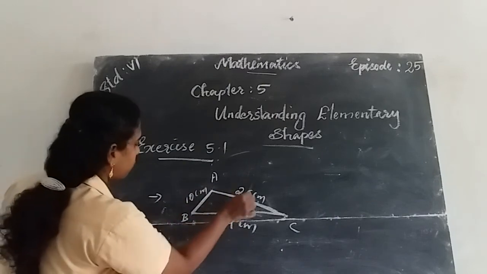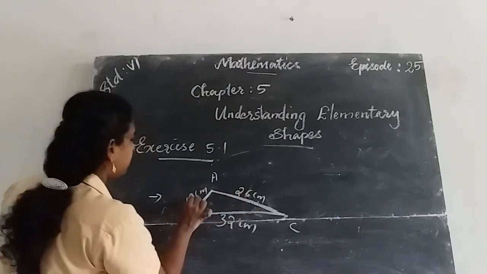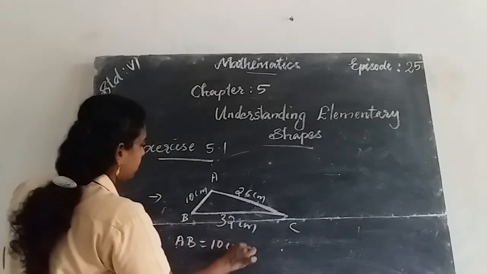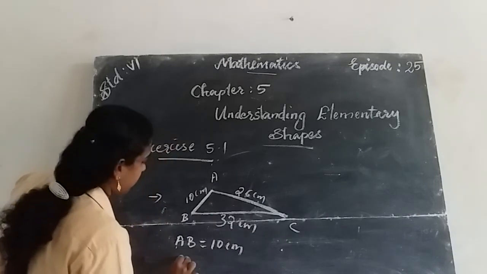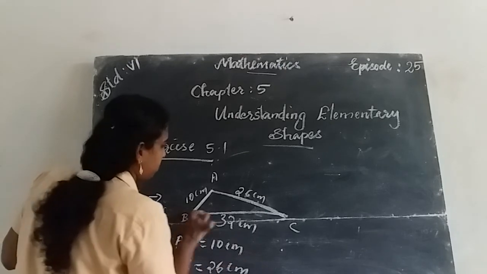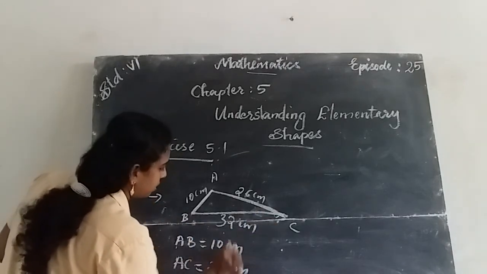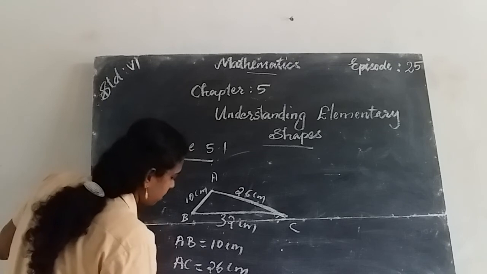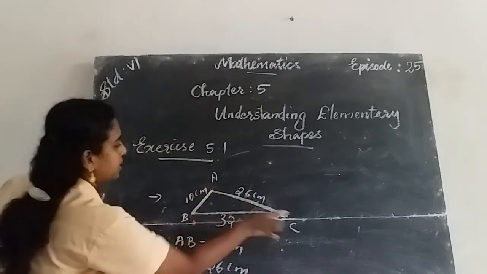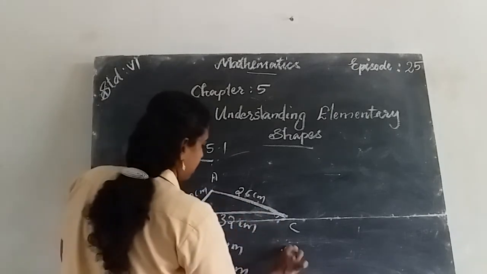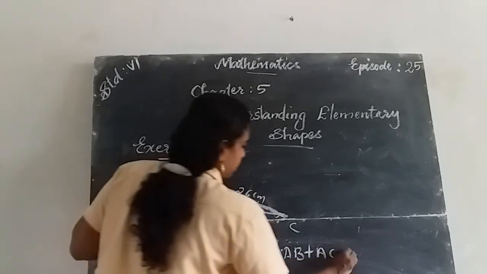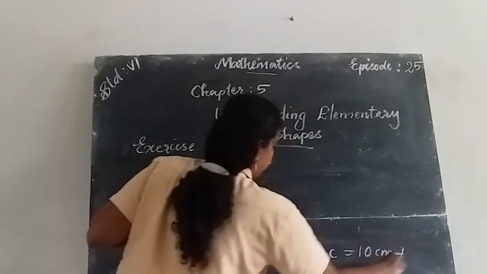take the sum of the lengths of any 2 sides here. AC is equal to 26 centimeter, and here BC is equal to 32 centimeter. And we take the sum of any two sides. If I take the sum of these two sides, that is AB plus AC, and AB measures 10 centimeter, so 10 centimeter plus AC.